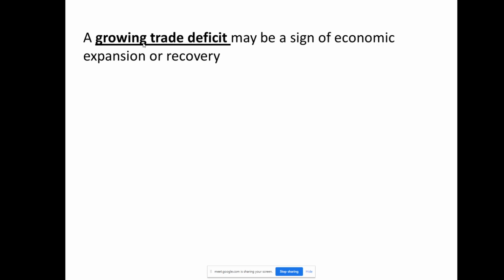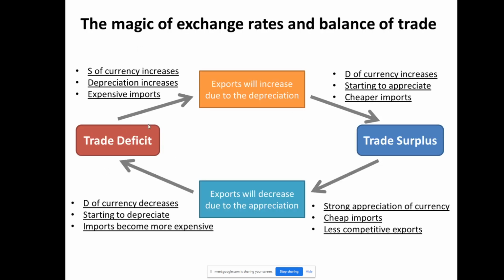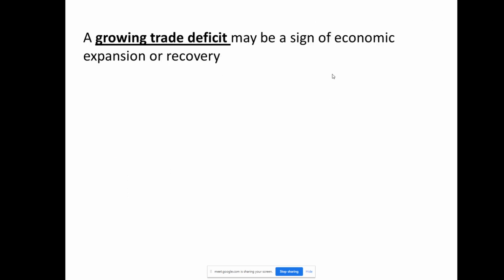And you see here, the growing trade deficit may be a sign of economic expansion or recovery, because after this, you are going to experience an increase in exports. So maybe your economy is actually recovering or expanding after that.